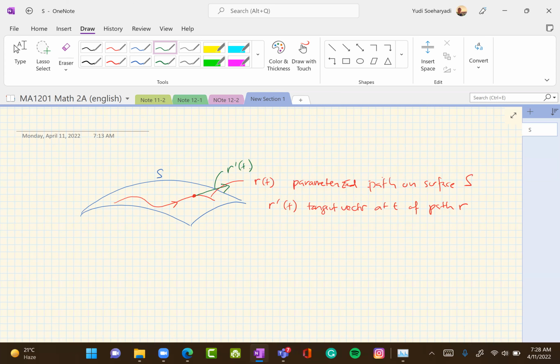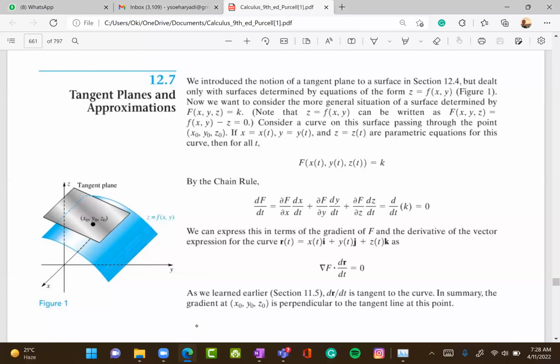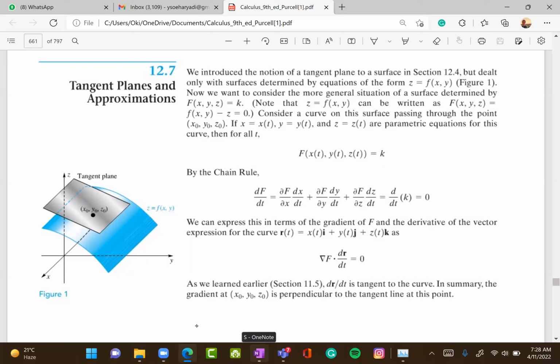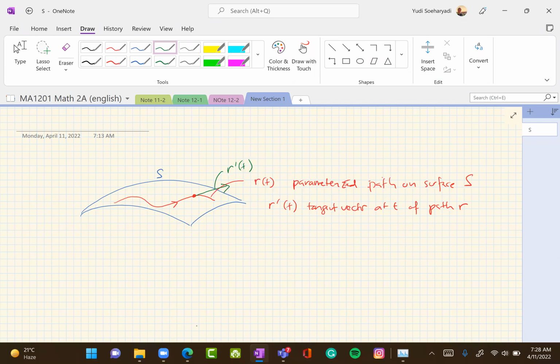So this is the parameterized path, and the surface S is given implicitly.